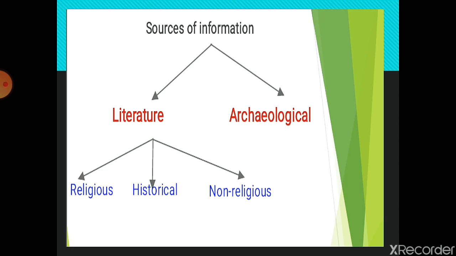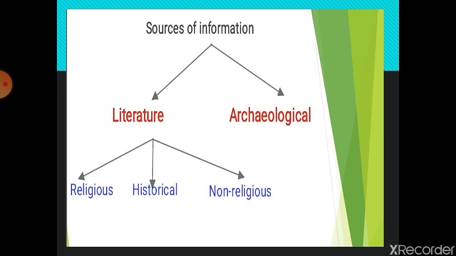So, dear student, in the present lesson, we are going to discuss the sources of information about the medieval period. Generally, the sources of information about the medieval period may be categorized into two parts. The first one is literature, which we can also call literary sources, and the second one is archaeological sources.